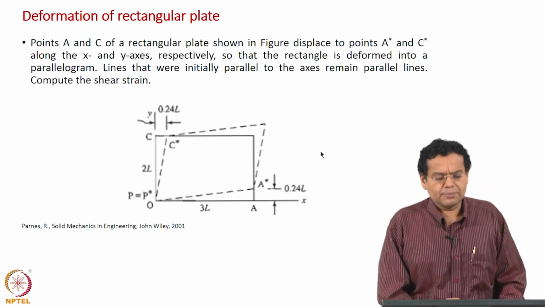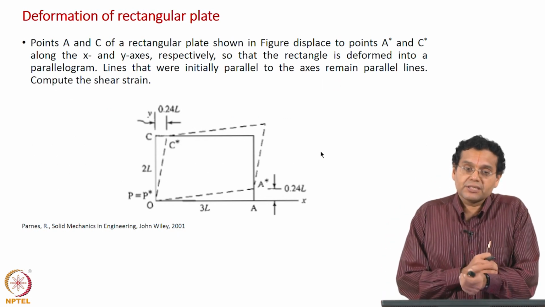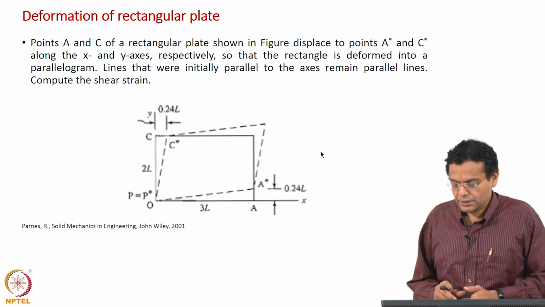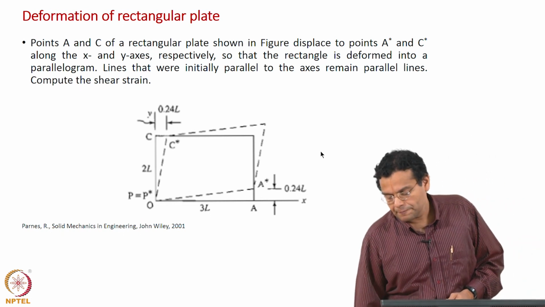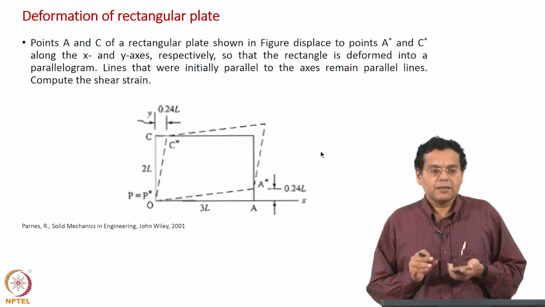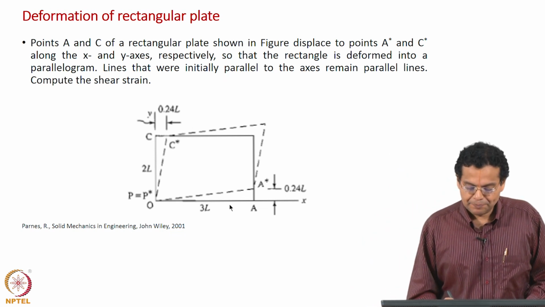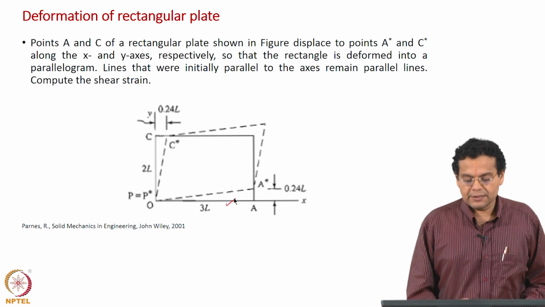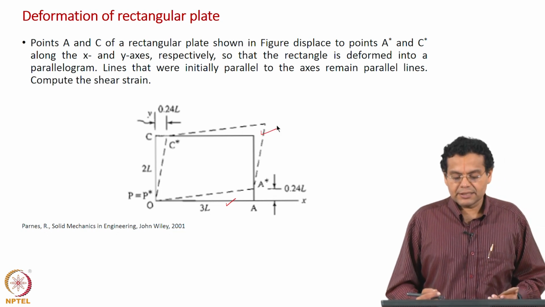Okay. We will take an example for evaluation of the shear strain. Now, what is shown here is a plate, and you are given the undeformed configuration, you are given the deformed configuration, initial state, final state.